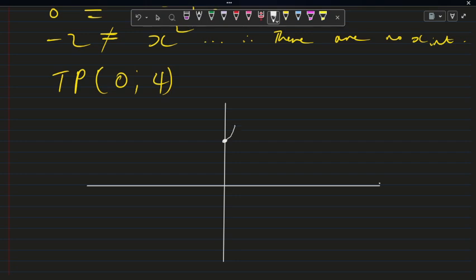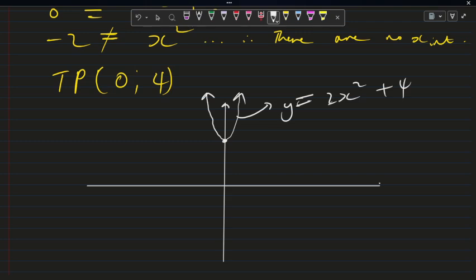It can look something like this. So this is y is equal to 2x squared plus 4.